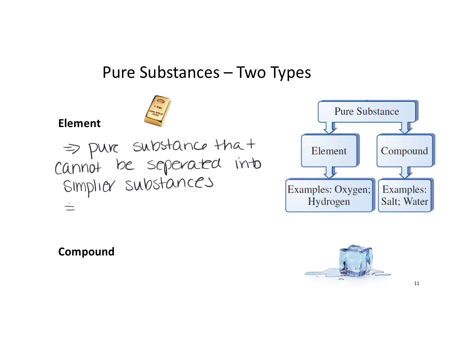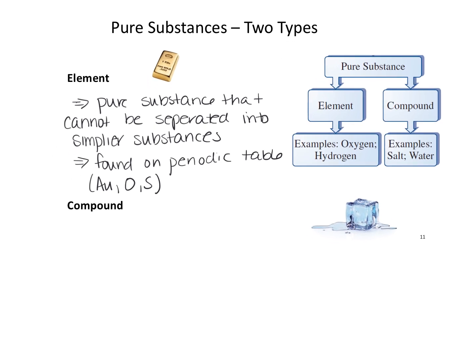Right? An easy way to identify an element, though, is it's just something that's found on the periodic table. Okay, so this would be something like gold, oxygen, sulfur, something on the periodic table.